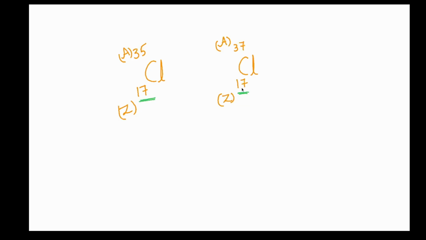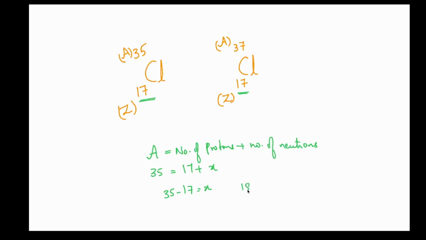Now let's look at the mass number. The first form of chlorine has a mass number of 35. The mass number A is equal to the total number of protons plus the total number of neutrons. So 35 equals 17 plus x. If we do 35 minus 17 equals x, this is equal to 18.